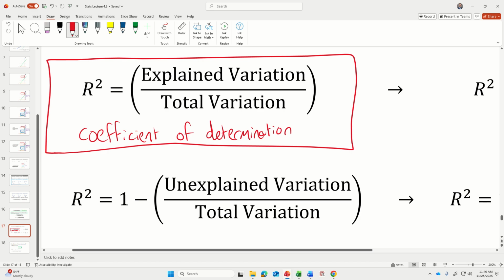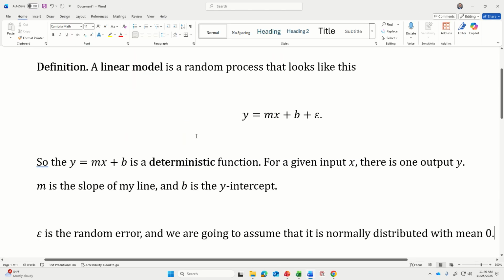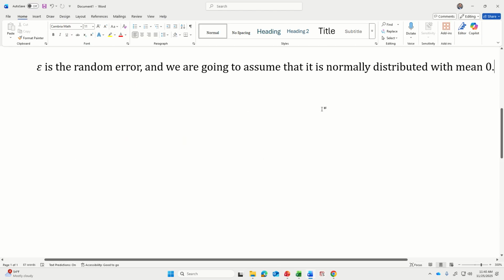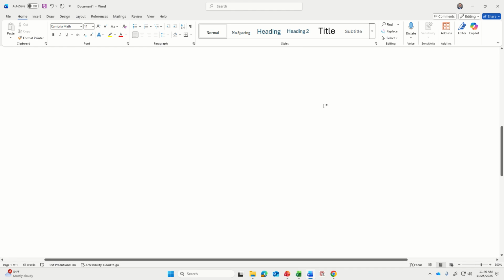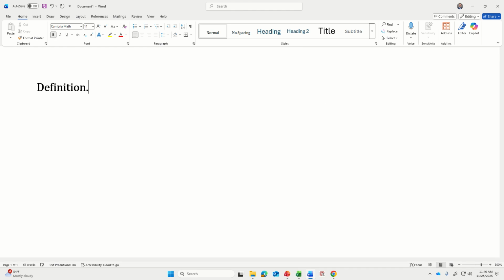It can't be more than the total variation, so the maximum value of r squared I can get to is 1, but I want my r squared value to be really close to 1. An r squared value that's really close to 1 means it's a good model.